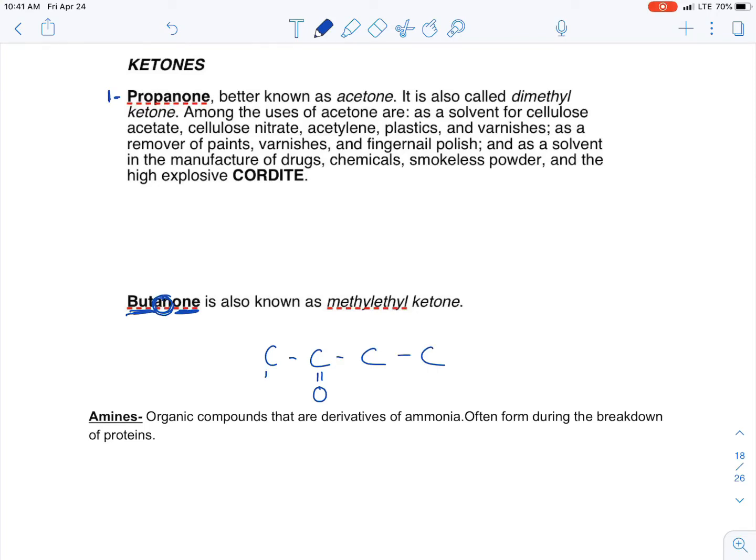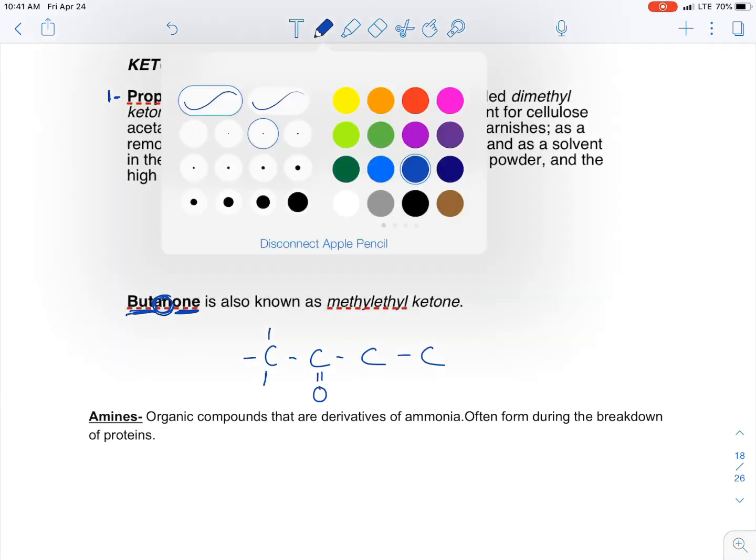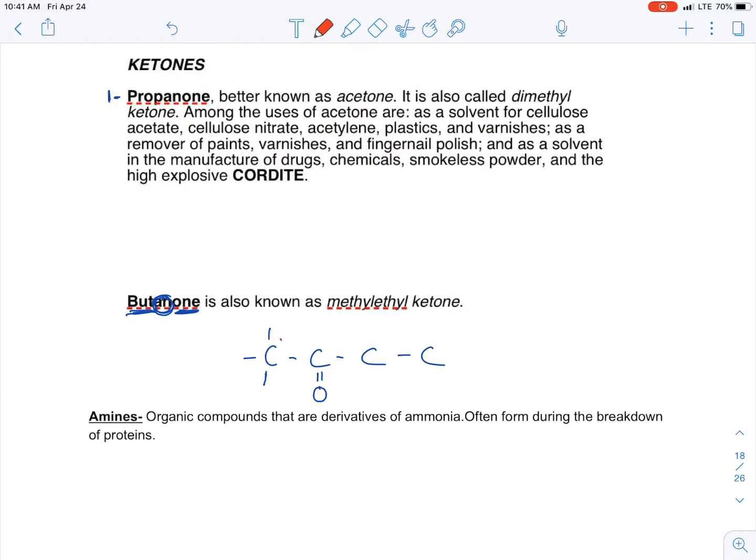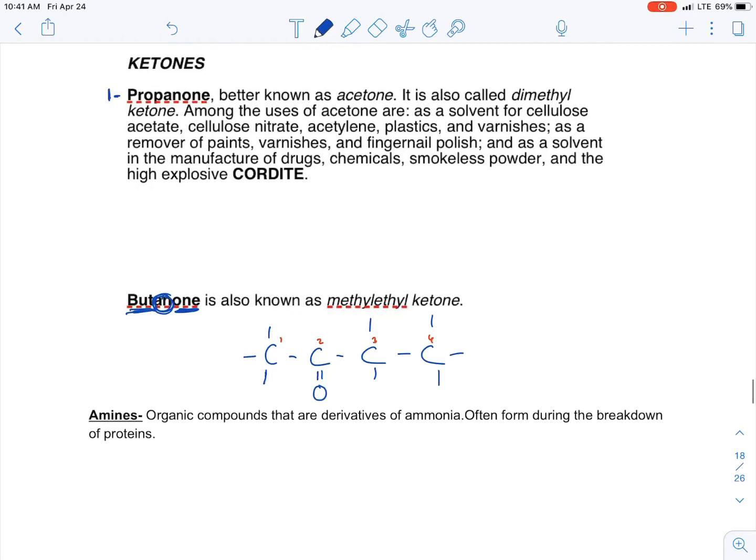Let me draw my hydrogens on there first, right? There they are. So that makes this, let's change colors, that makes this carbon number 1, 2, 3, and 4. Let me draw the rest of my hydrogens on there. That was blue, right? So that one already has 4. There we go, right? And so that would be 2 out here.